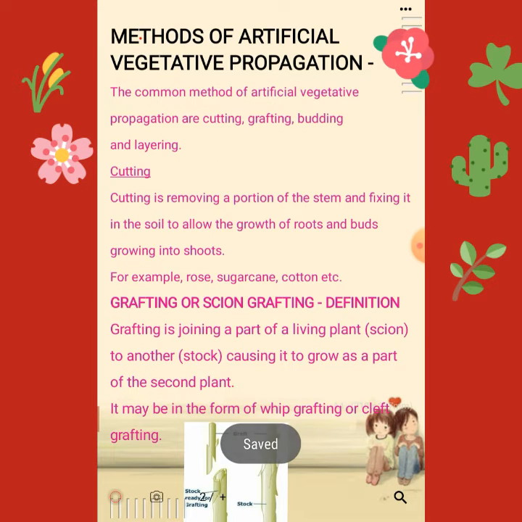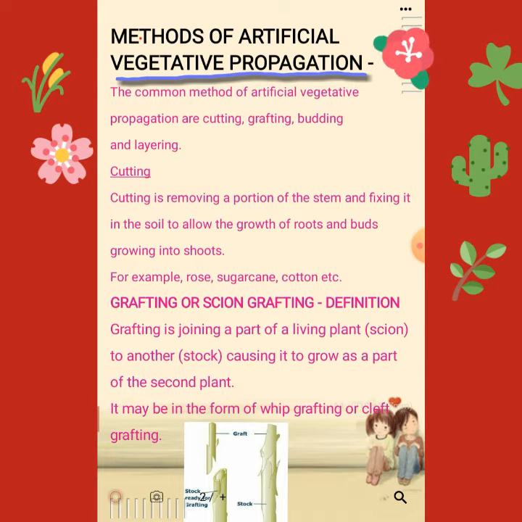Okay, so next, the methods of artificial vegetative propagation are similar to the natural one only. Based on the natural method of vegetative propagation, humans applied technology and developed artificial vegetative propagation. So what is the need of developing this?